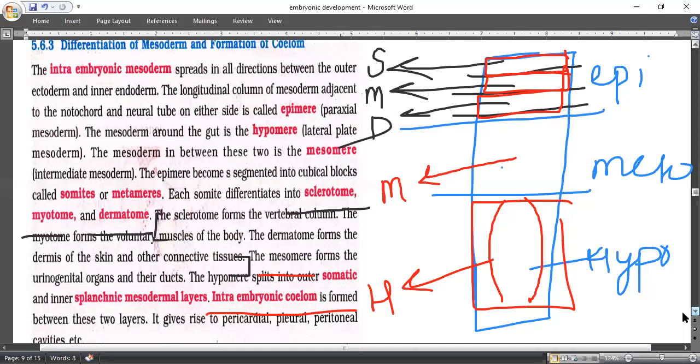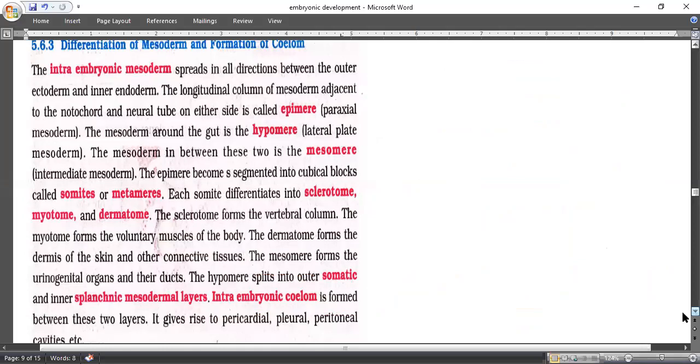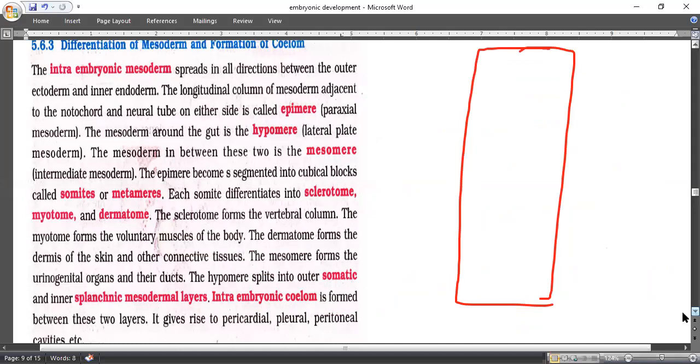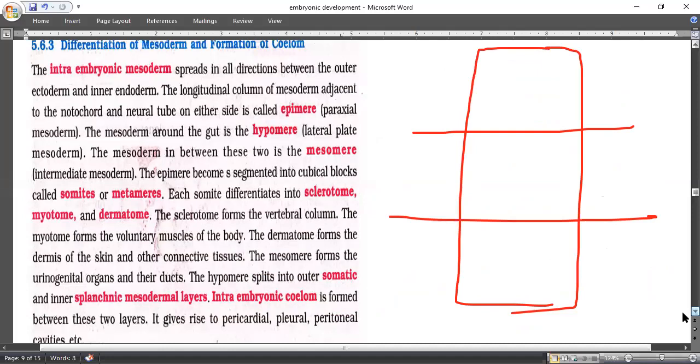This is just giving the address and who is going to form whom. That's what I said about jumping, that we just jumped off. Okay. So let me say once again. In the mesoderm, there are three parts. We made it already: epimere, mesomere, hypomere. This is epimere, this is mesomere, and this is hypomere.